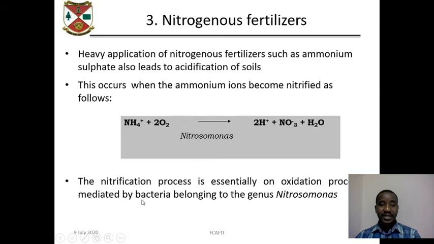Okay, this nitrification process is essentially an oxidation process, mediated by bacteria belonging to the genus Nitrosomonas, as I have just told you.